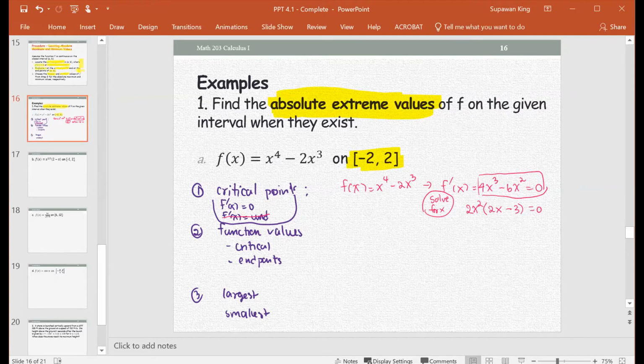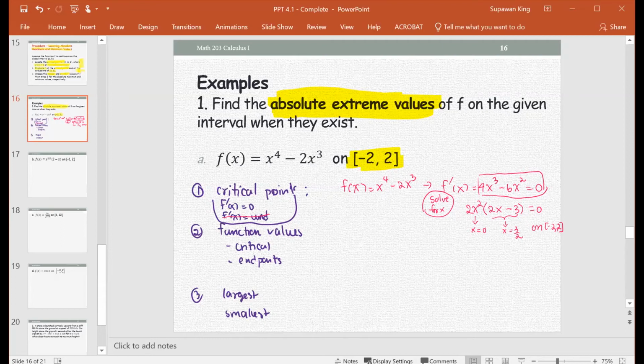Okay. And that means we have x squared equals 0, which gives you x equals 0. And the second factor gives you x equals 3 over 2. Now you have two critical numbers. Next, we're going to check 0 and 3 over 2 on the interval negative 2, 2.